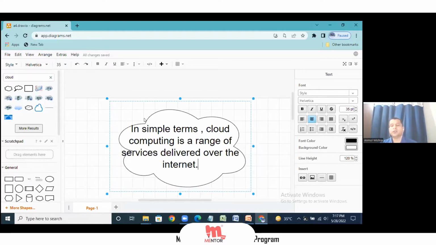So what is cloud computing? In simple terms, cloud computing is a range of services delivered over the internet.